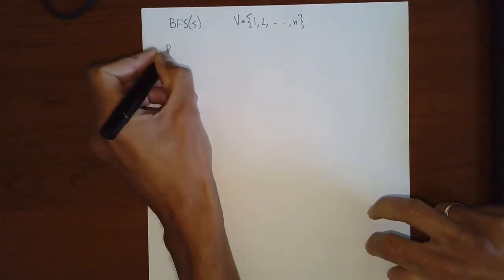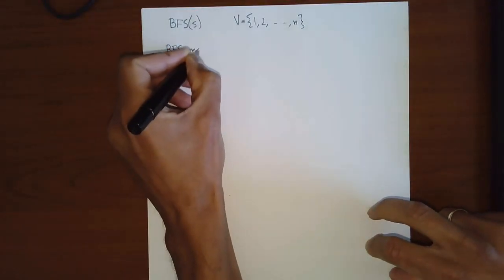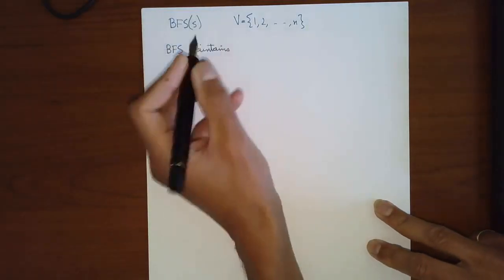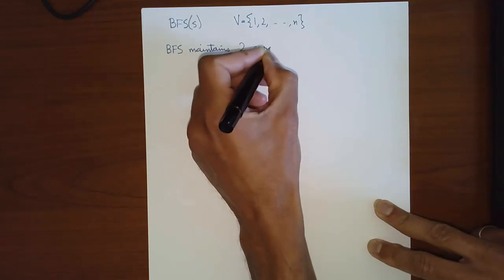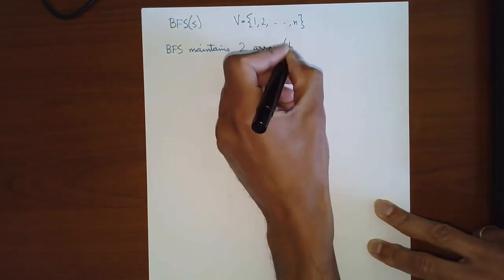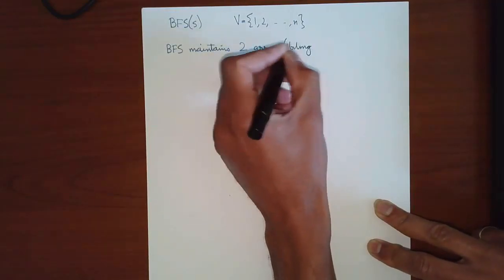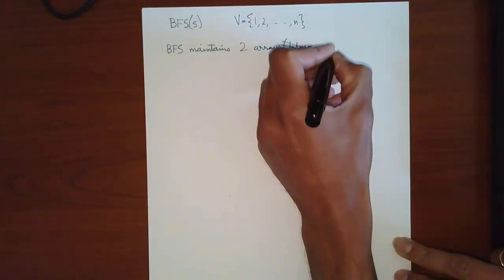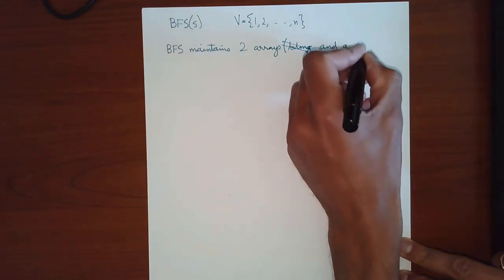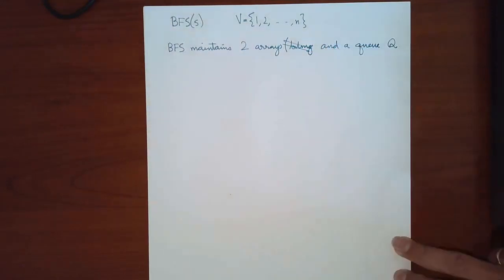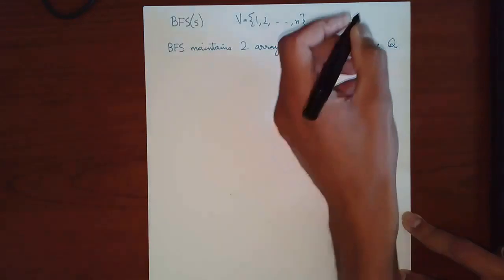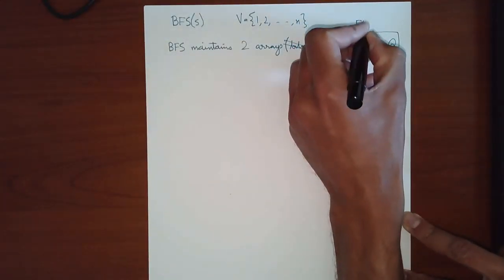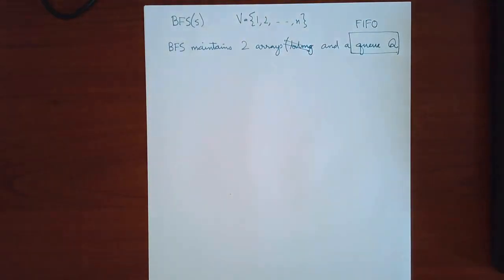So what BFS maintains is two arrays, and a queue called capital Q. This is really important. This queue, remember, a queue is first in, first out, right?